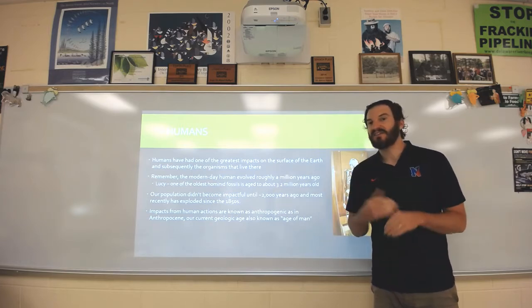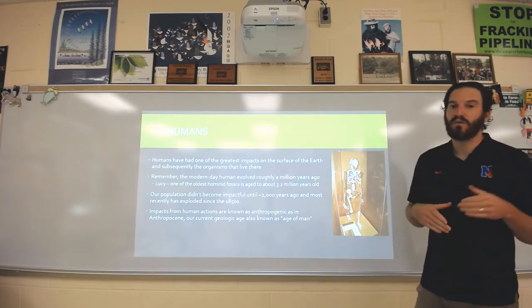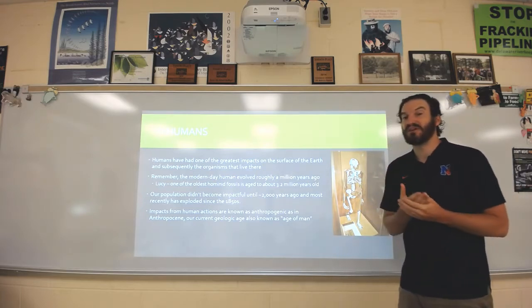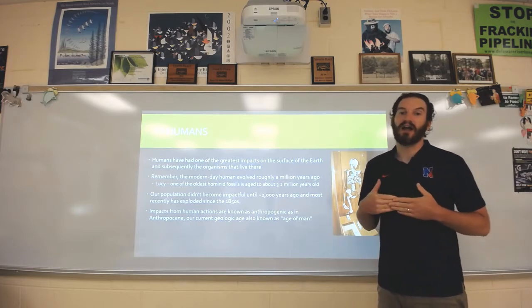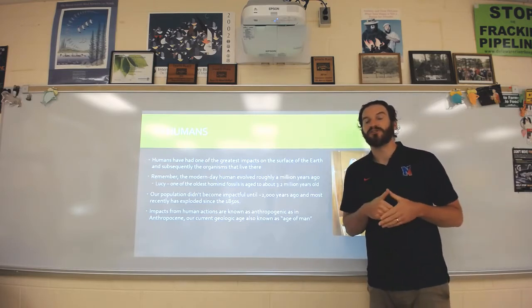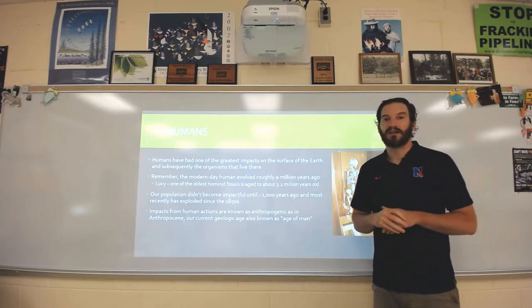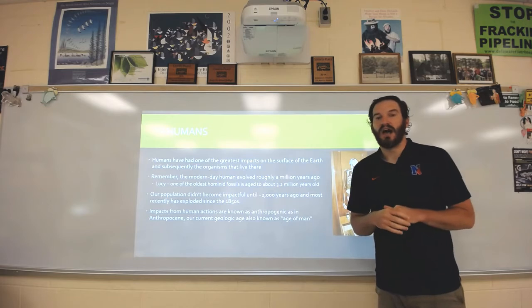Now, how did the human population get to a point where we're so impactful? Well, we eventually developed different things. As society started to grow, it wasn't really until the Industrial Revolution that we noticed our population starting to skyrocket. Ever since the Industrial Revolution, humans have had the greatest ecological impact on the planet. Prior to humans, there were other groups of organisms that used to dominate the planet.